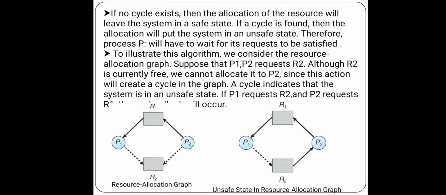Simply said, before allocating any resource to a particular process, it must be checked whether it forms a cycle or not. If it forms a cycle, then the allocation definitely stops, even when the resource is free.